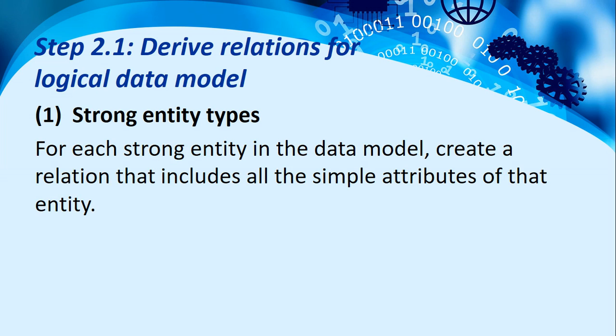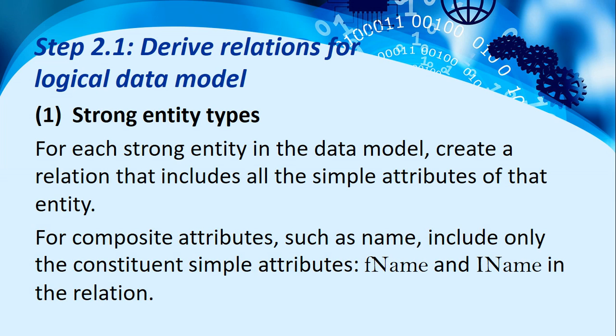So for each strong entity in the data model, create a relation that includes all the simple attributes of that entity. So for composite attributes such as name, include only the constituent simple attributes. Pasensya na, medyo nahihirapan ako mag-pronounce. Again, pag sinabing composite, these are attributes that are a combination of simple attributes.